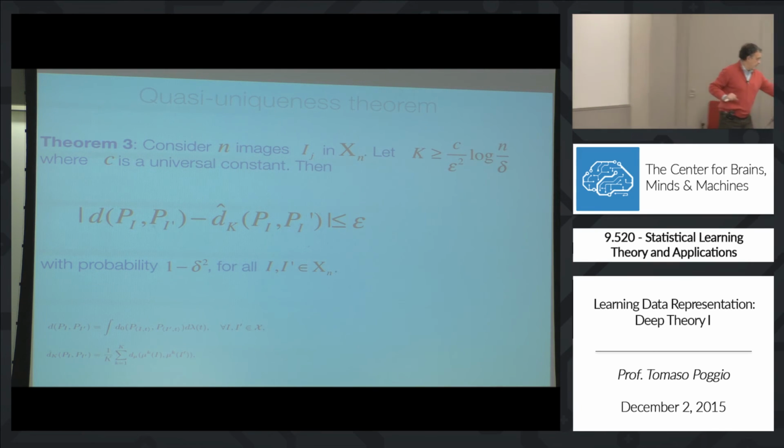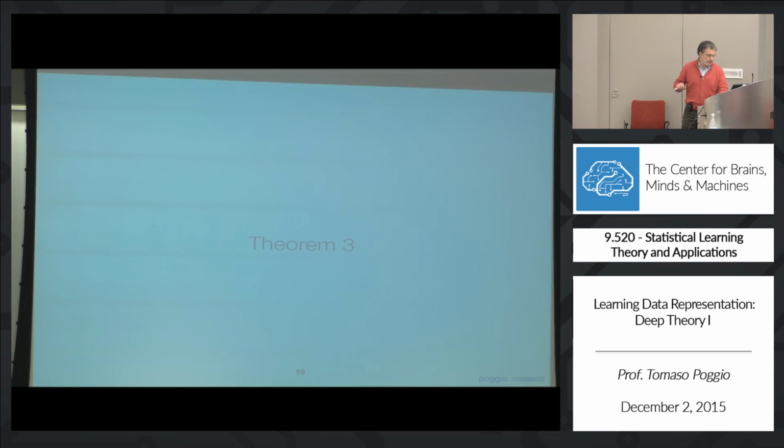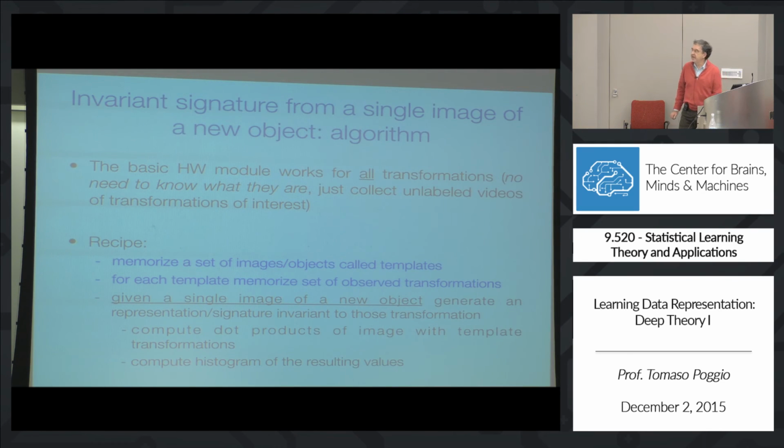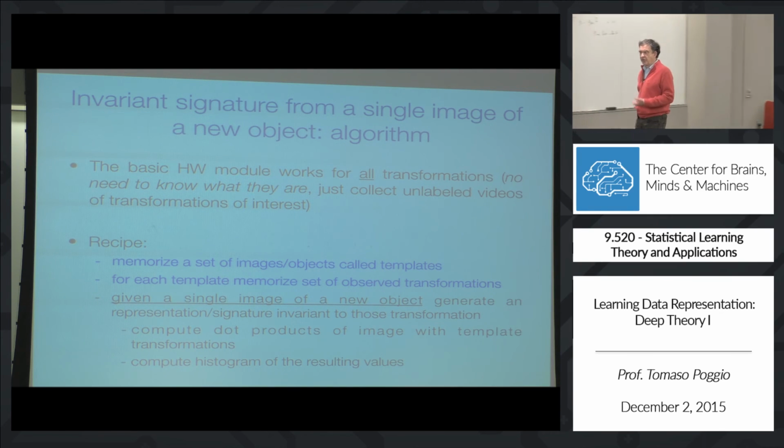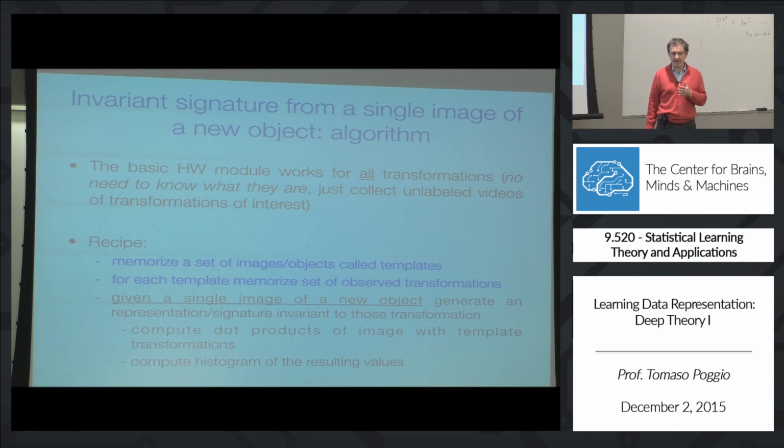So, an interesting consequence here is that you get invariance by pooling, and you don't lose uniqueness if you have enough templates.